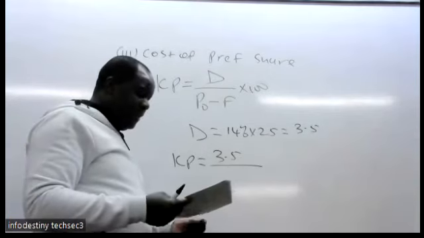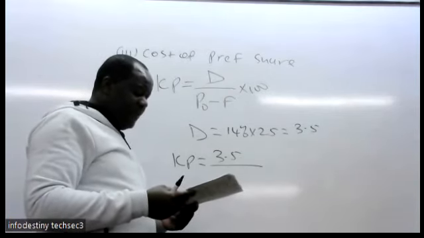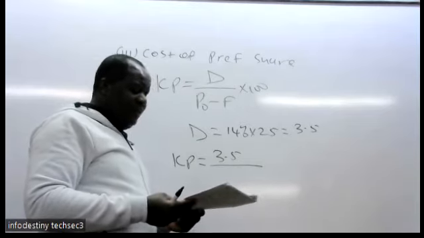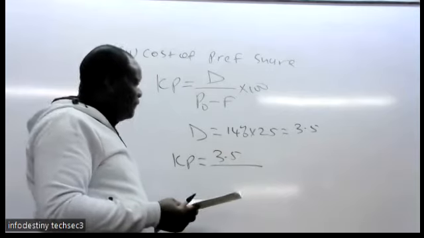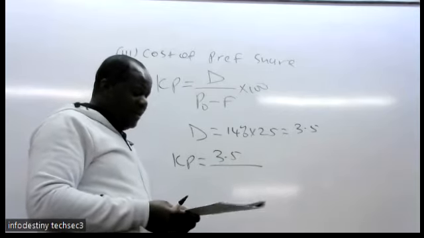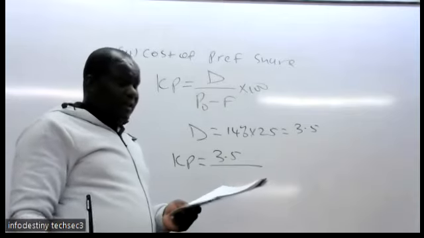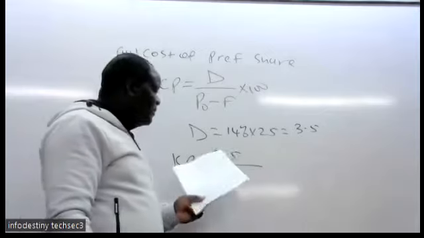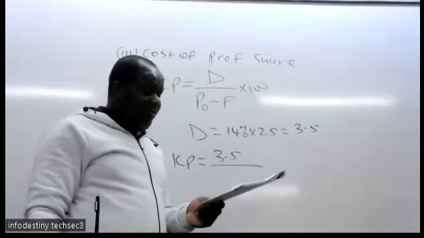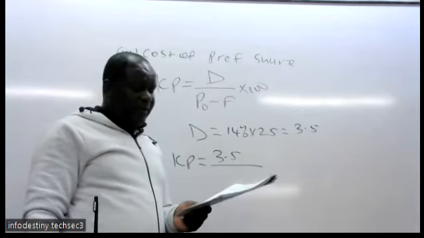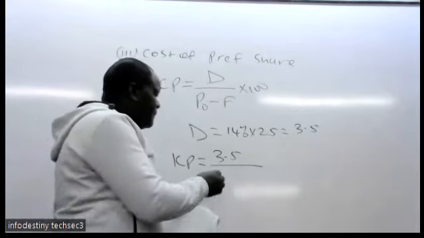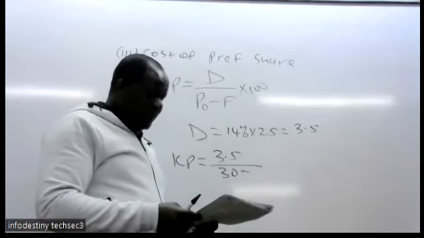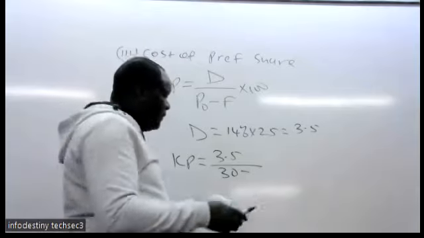P0 is the current market price, which is given to you in note number 6. The 14% preference shares are currently trading at how much? At 3.50, which is ex dividend. When you subtract, we get which value? There was no flotation cost that was given.